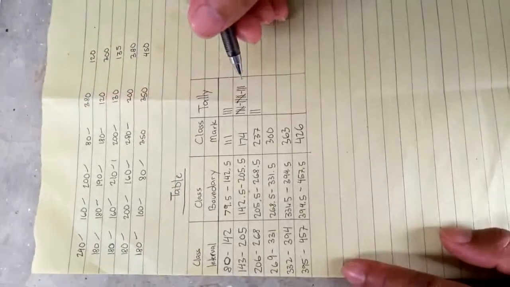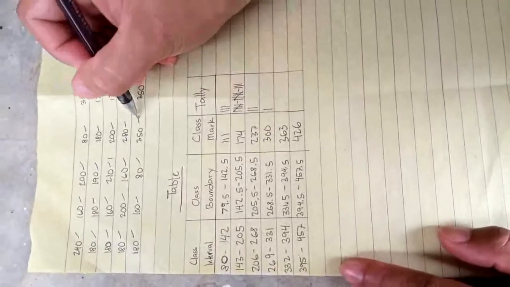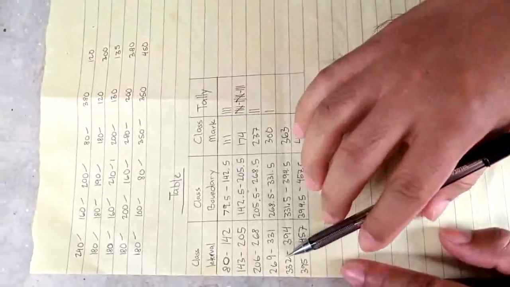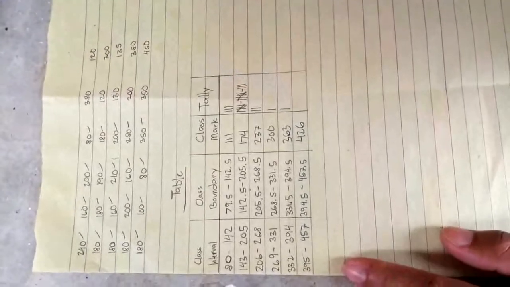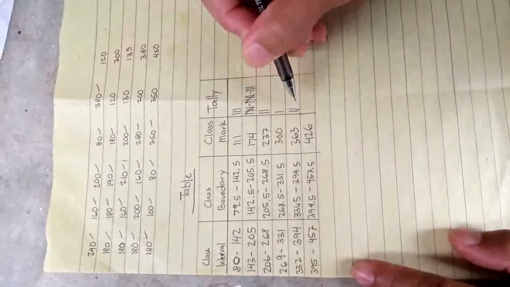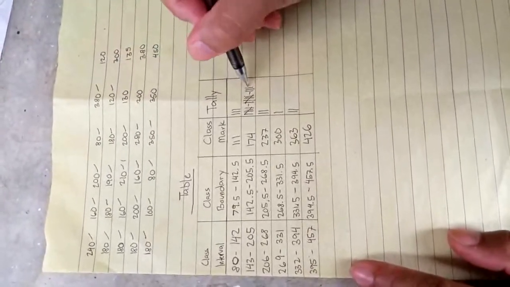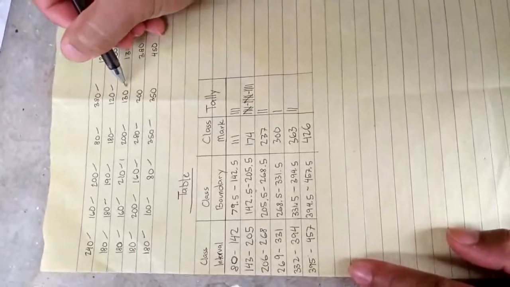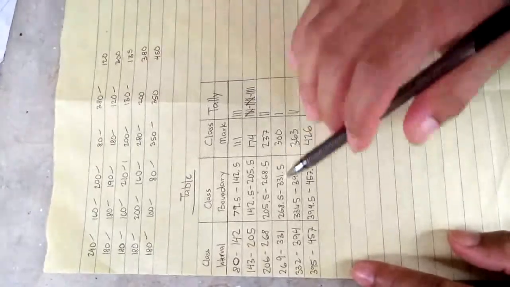280 is in the fourth row. 350 is on the fifth row. Then 380 is also in the fifth row. 120 there. 130 is 130.